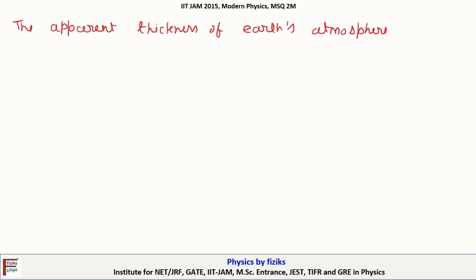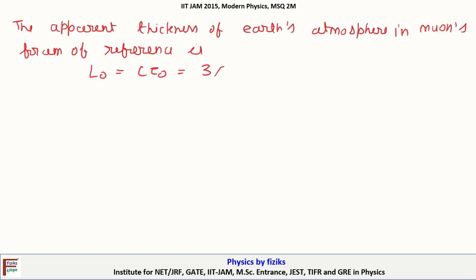The apparent thickness of Earth's atmosphere in the muon's frame of reference is L naught equals c tau naught, which is 3 into 10 to the power 8 into 2.2 into 10 to the power minus 6, equal to 0.66 kilometer.